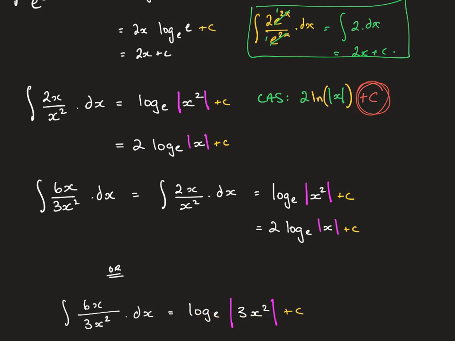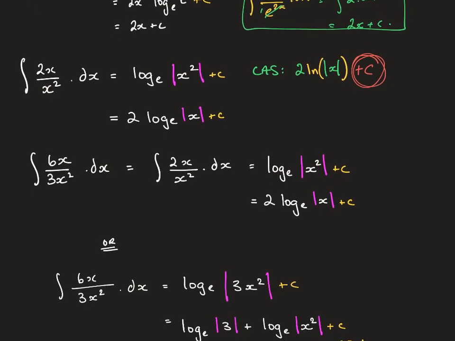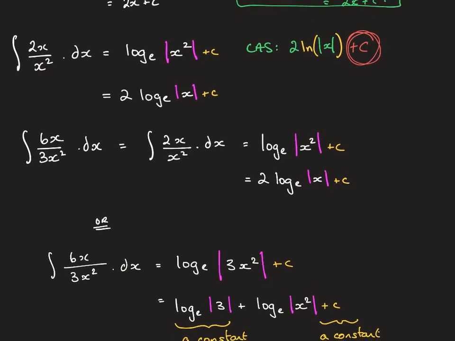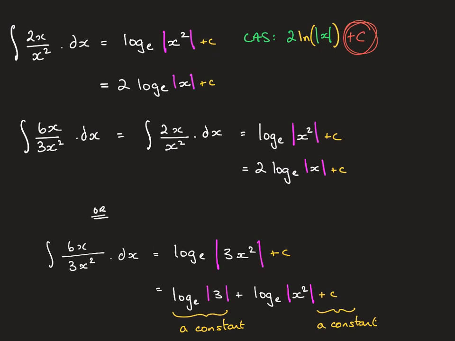So I'm going to use my log laws to expand this out now. And what I get, you can see, is when you've got log of something times something, you can write it as log of the first thing plus log of the second thing. And you can see log to the base e of 3 is just a number. It's a constant, all right? So this is a constant.